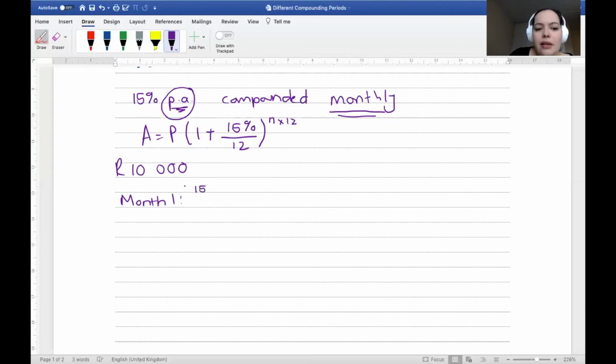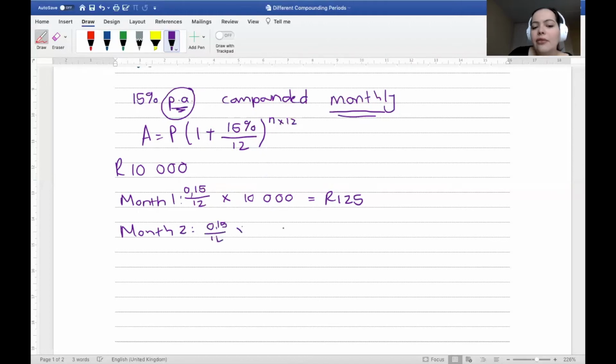Now we said it's 15% per year, which is 0.15. But we're doing this every month, so we're going to divide it by 12, and we're going to give them this on their 10,000 Rand. So now I'm getting 125 Rand extra on my account at the end of month 1. So then at the end of month 2, they're going to do this again.